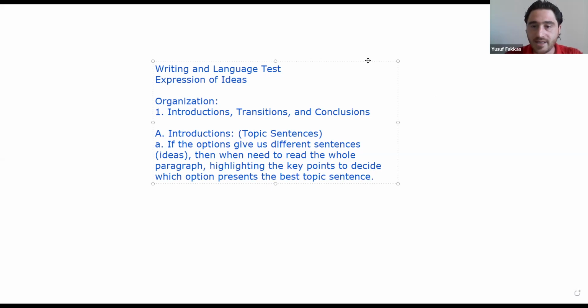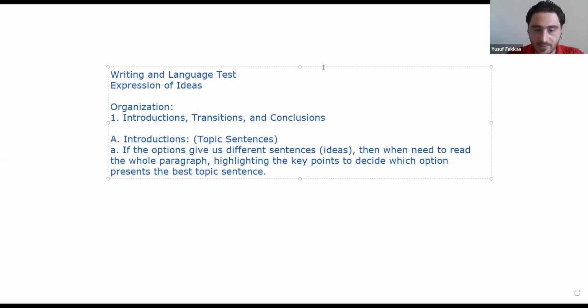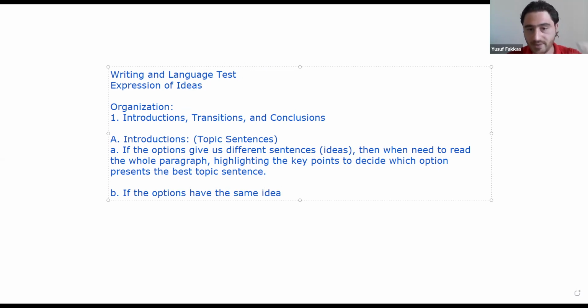So then we're going to add something else. Well, it's already familiar to you as well. The second option is that when you look at the options A, B, C, and D, the options have the same idea. So I don't have different sentences. I have the same idea, but the sentence is written in different ways.